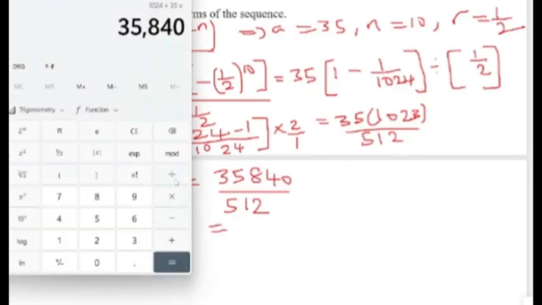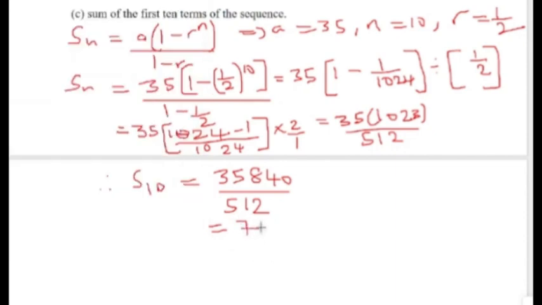Final answer, we get 70. So this is the solution. The sum of the first 10 terms of that sequence is 70.